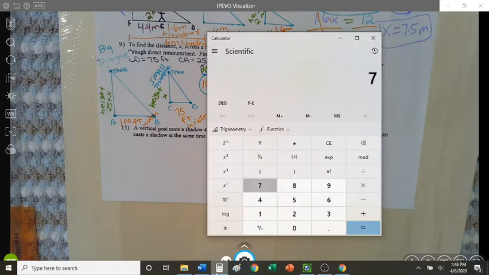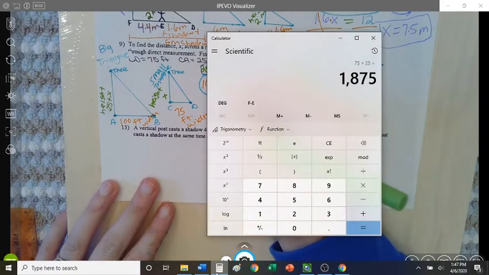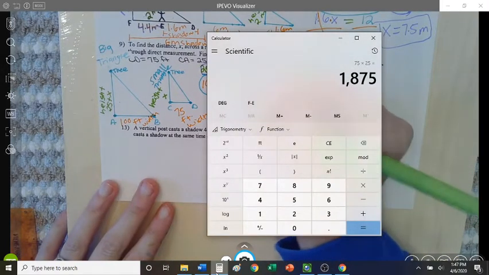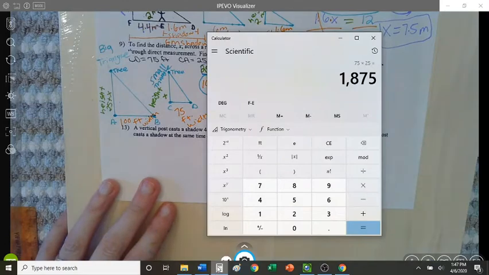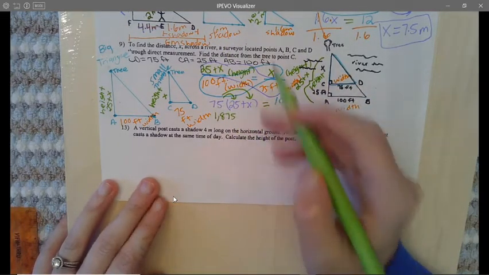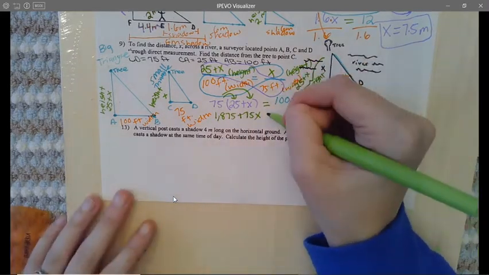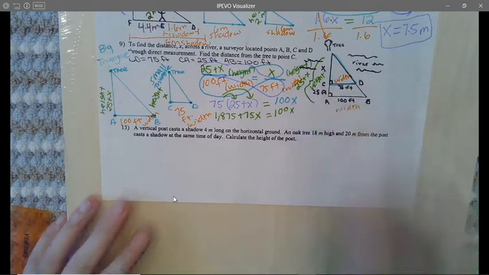So 75 times 25 will give me 1,875. Then 75 times x will give me 75x, and that will equal 100x.